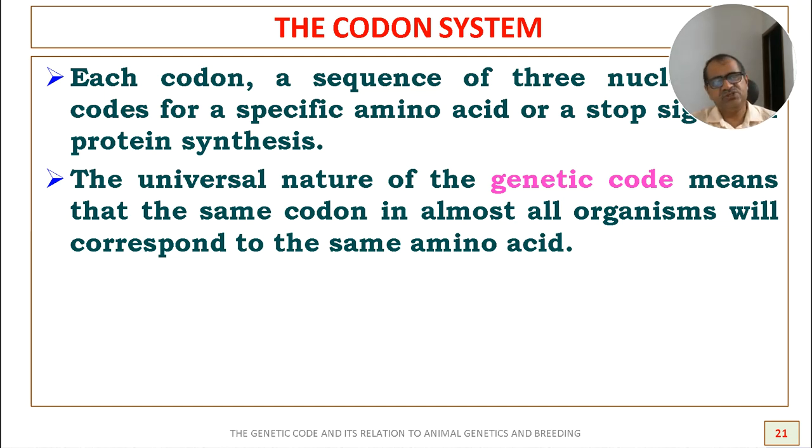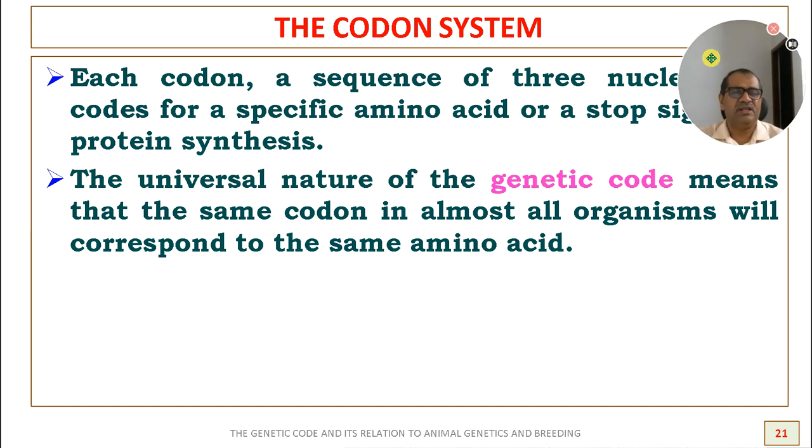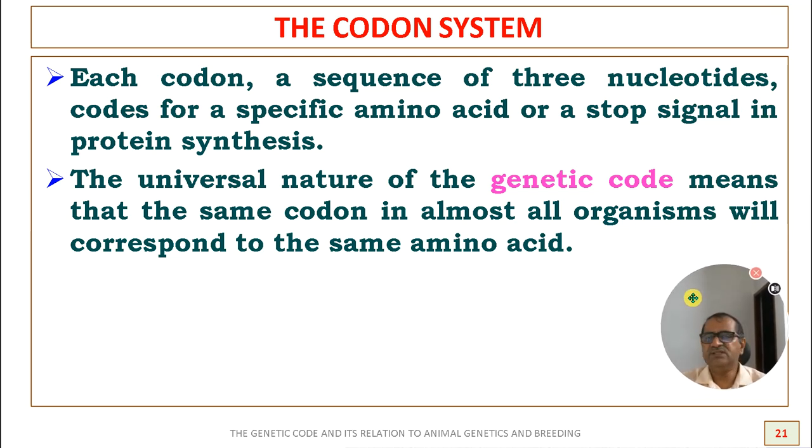Then the codon system, a little bit in detail. What is a codon system? Each codon, a sequence of three nucleotides, is especially for producing a very specific amino acid or a stop signal in protein synthesis.